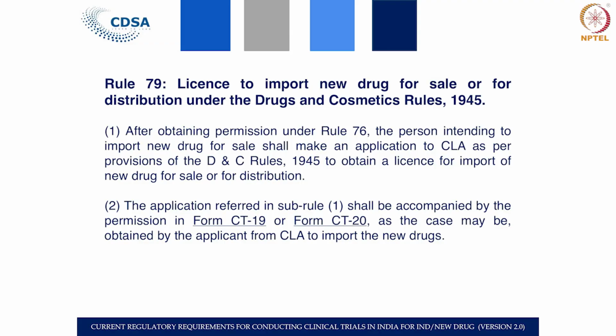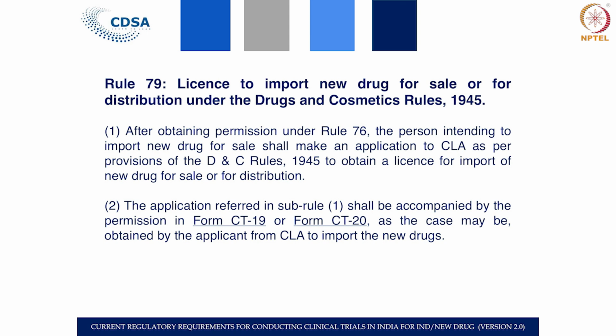And then in case they are aggrieved, they can always appeal to the Central Government within 45 days for reconsideration, and that can be reconsidered or it may not be reconsidered.